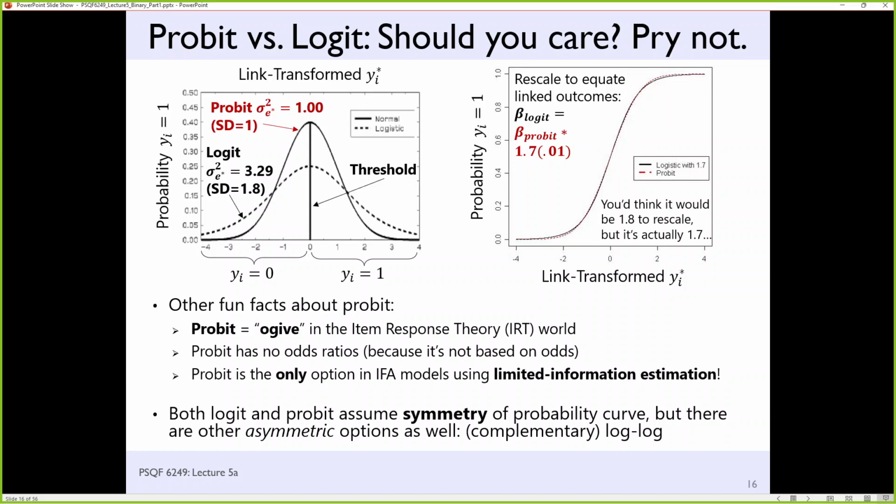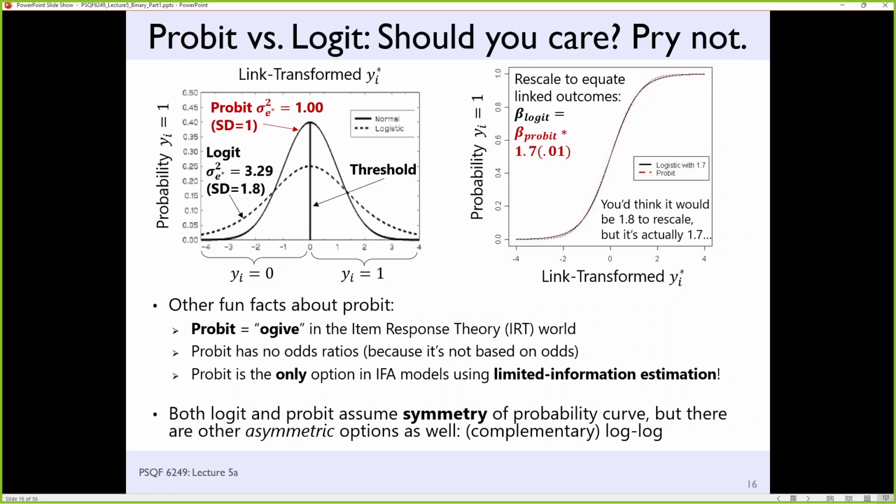All right, question from the Zoomers, Kelsey. I was wondering why probits are the only ones used for the IFA. Is there a specific reason why you wouldn't be able to use logit, or is this something we're going to get to? The quick reason is because that's what the software does.